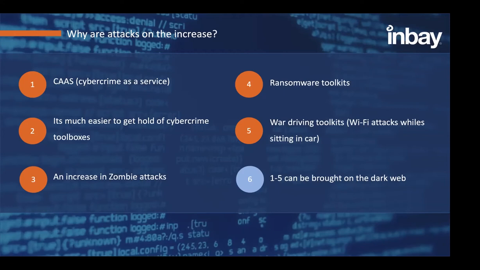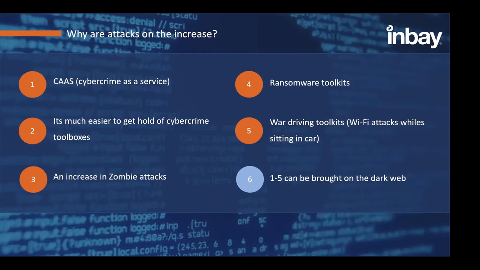We've seen a few instances of this where Wi-Fi is on the edge of a building or outside to give Wi-Fi to, let's say, a car park or an area that has been disconnected, and then an access point has been plugged in, which has then been used to infiltrate the network. So that's also on the increase.